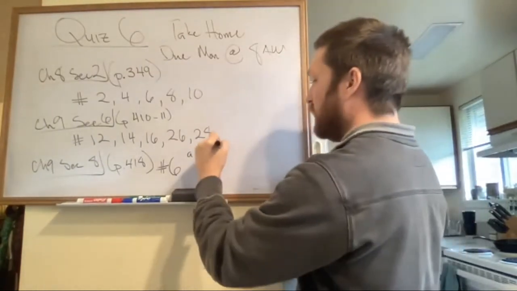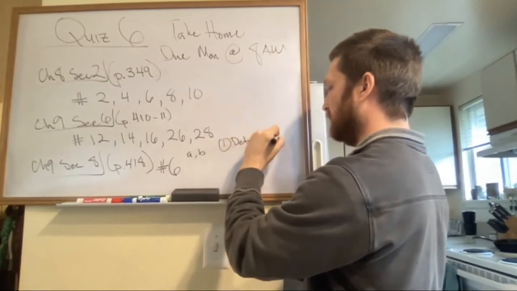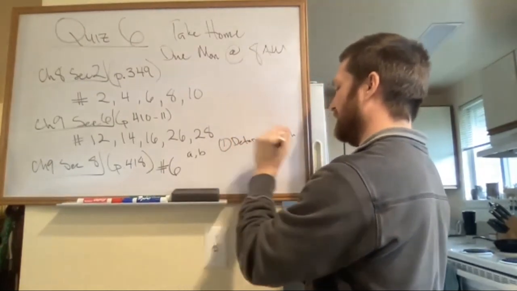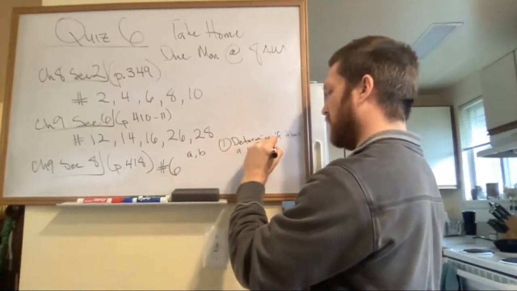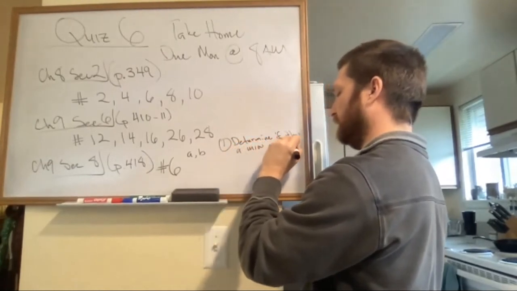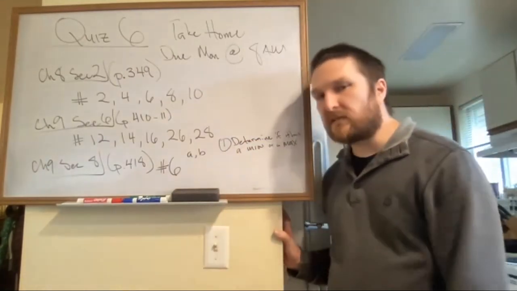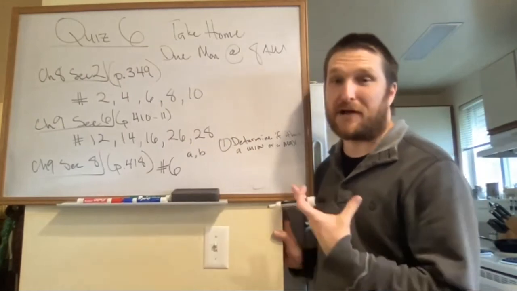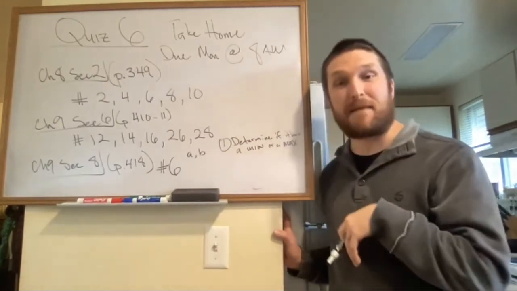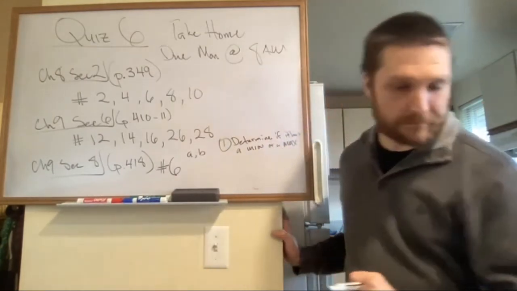I want you to determine if it has a min or a max. Of course, it's going to be a parabola. I just said that. You should be able to figure out if that parabola is shaped so that you get a max or if it's shaped so that you get a min. I want to know, which is it?